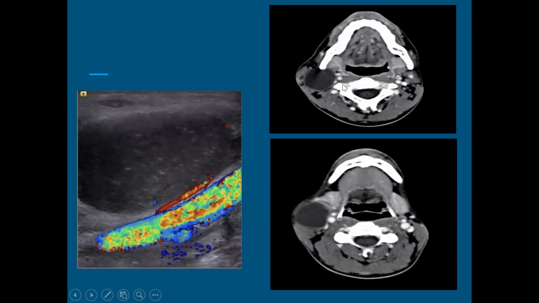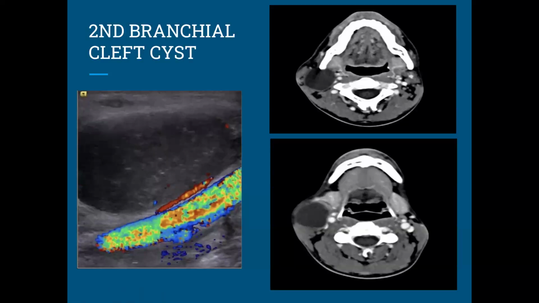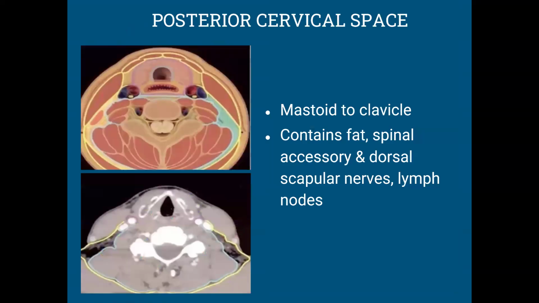In this image we can see the cystic lesion, and we can see how the carotid arteries and the jugular vein are all displaced, located medial to the cystic lesion. A cystic lesion in the carotid space is a case of a second branchial cleft cyst, one of the pathologies that can arise in the carotid space.